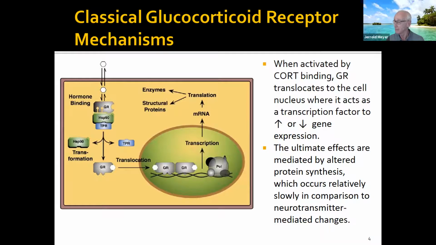It's a much slower kind of response compared to neurotransmitter signaling that occurs on a sub-second or millisecond time frame. I should mention before going on that there's also evidence for membrane receptors for glucocorticoids that can mediate fast cellular responses. But the classic responses are occurring here in the cell nucleus.